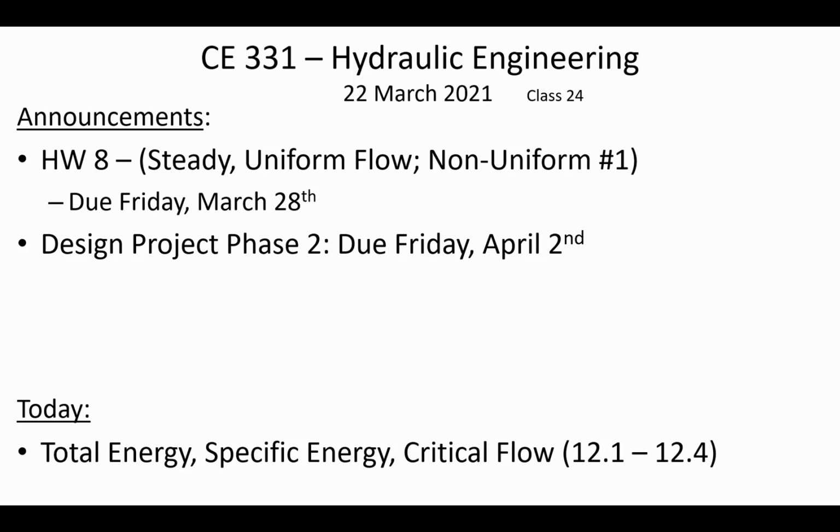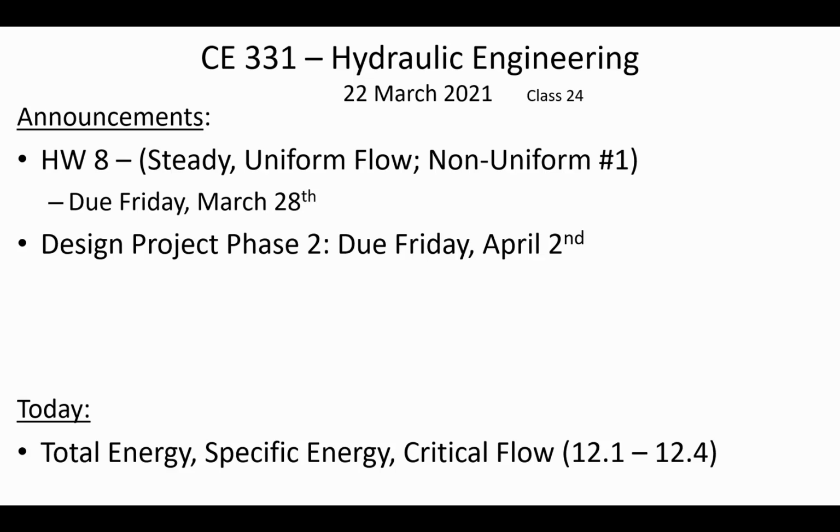Once we get through this stuff related to the design project, the main focus of today's class is that we're starting our discussion of topics found in chapter 12 of the textbook. That's where we're going to begin to analyze open channel flow and look at predicting the depth when conditions are not steady and uniform.